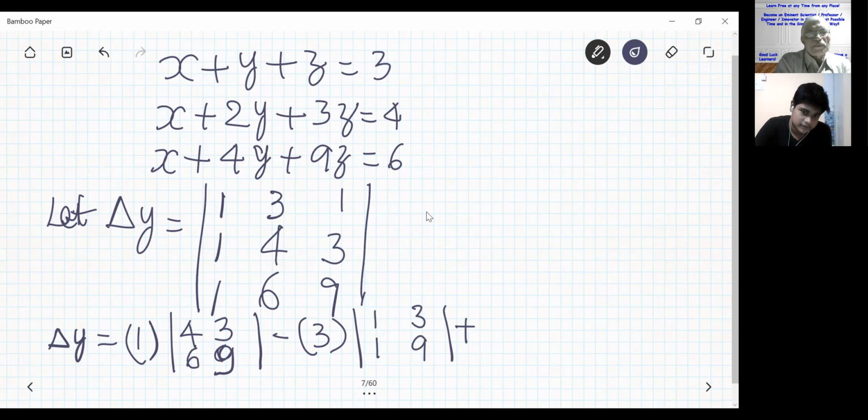Then plus 1, first row, third column, ignoring the first row and third column, you write 1, 1, 4, 6.